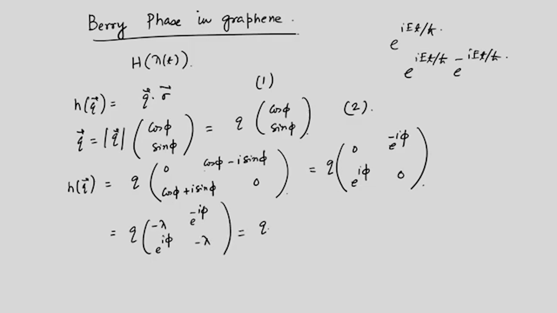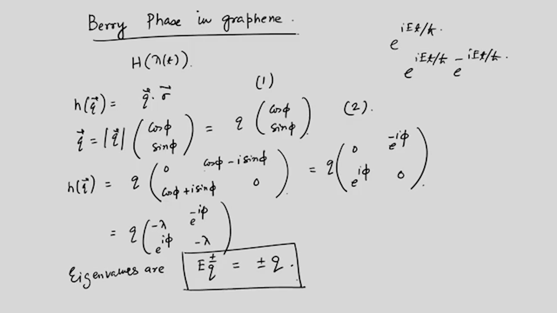Then you take the determinant equal to 0, and this gives you the eigenvalues plus minus q. So, let us call it E of q plus minus is equal to plus minus q. These are the eigenvalues of this 2 by 2 matrix.